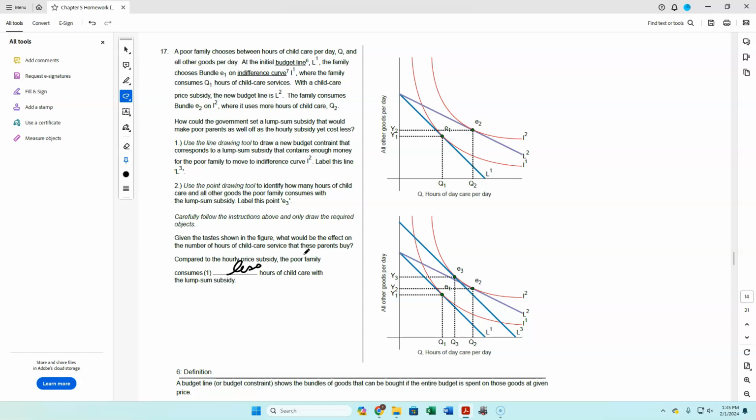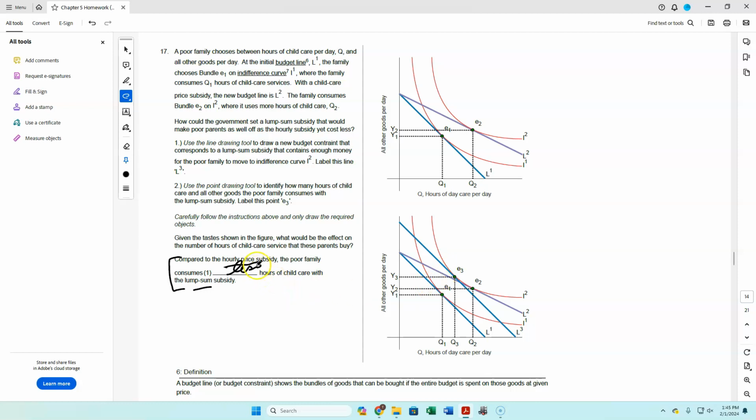Well, what we see here is that it's going to change. And you can kind of see here that if we try to look at both our income effect and our substitution effect, in terms of a lump sum subsidy versus an hourly price subsidy, the lump sum subsidy is going to parallel shift out the curve from L1 to L3.